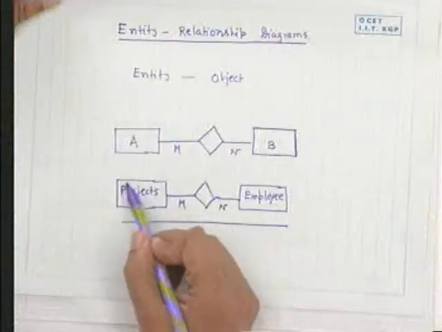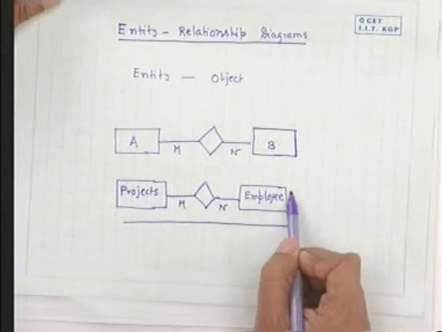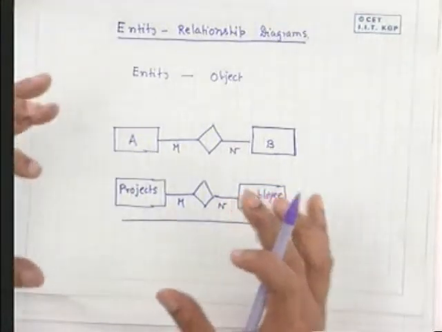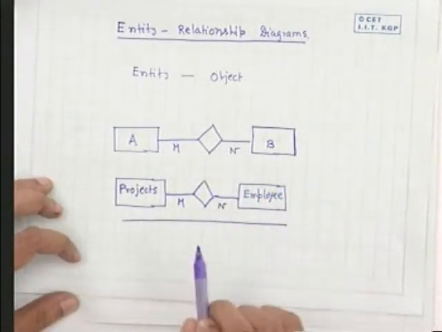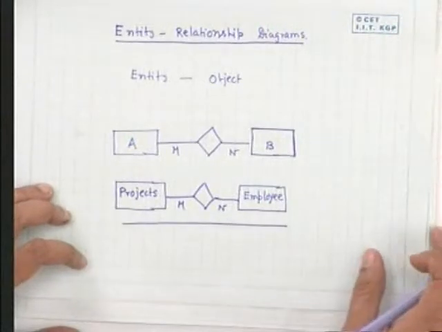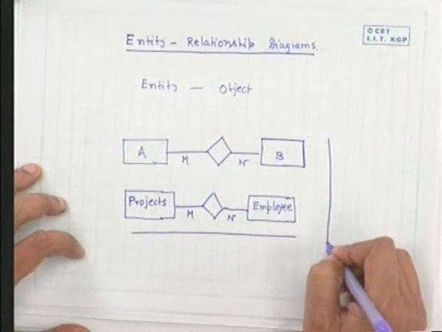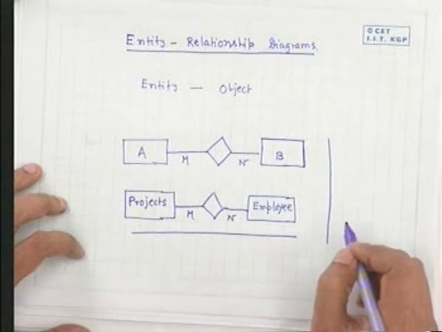We can think of each project as a class and an employee as a class, and these two classes are interrelated by this kind of relationship. We will soon see there are different ways in which relationships are supported. These are the very simple relationships we have introduced. There are many more types of relationships which the object-oriented approach supports.